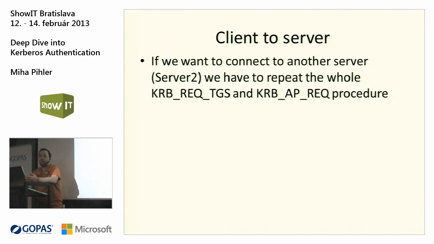You now want to connect to server 55, you have to, again, if you don't have a session already established and session keys stored in your cache, go to the domain controller, say I want to connect to server 55 on protocol CIFS, use its SPN, and go through all these requests and replies, and the AP request and AP reply, all this process over and over again.